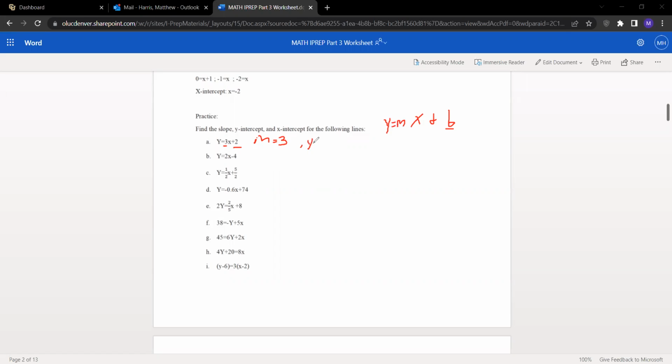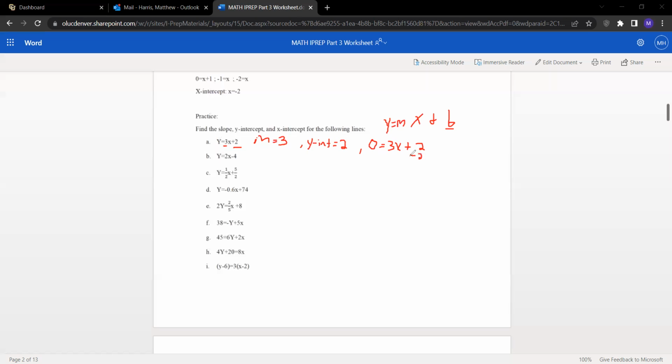So the y-intercept is 2. For the x-intercept, we set y to 0. So we do 0 equals 3x plus 2. Then we just solve for x.